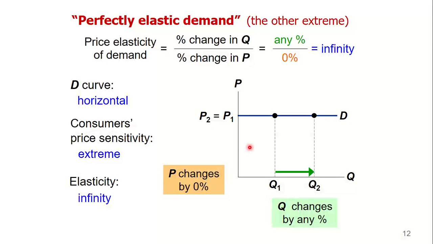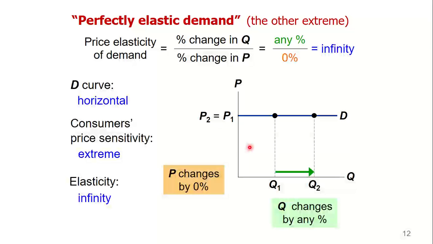If you charge a price of $5, you can sell as much or as little as you want. If you charge a price even just a little higher than $5, demand for your wheat will fall to 0. Buyers would not be willing to pay you more than $5 when they could get the same wheat elsewhere for $5.